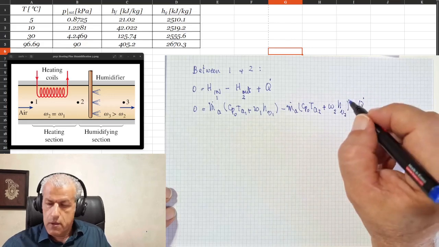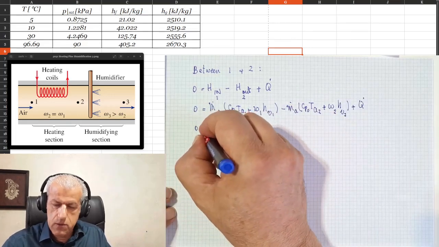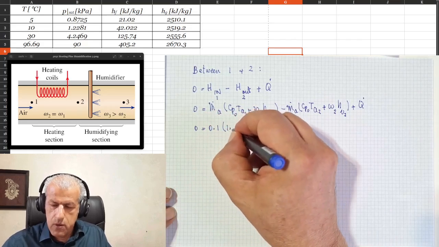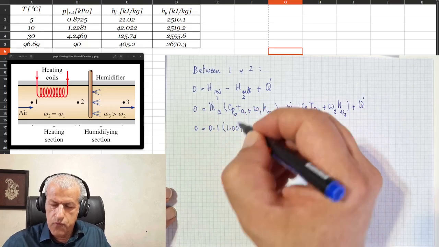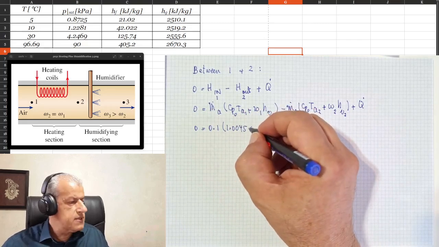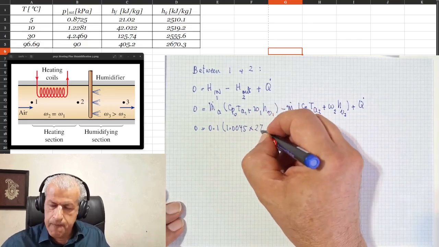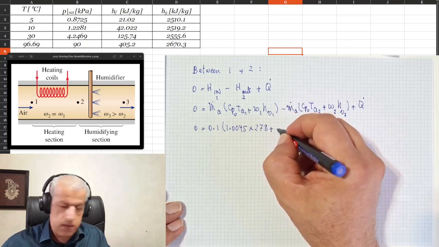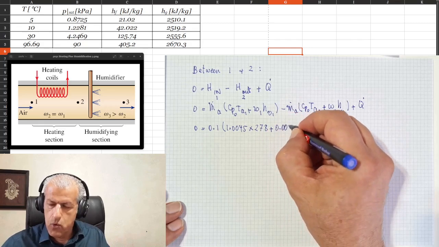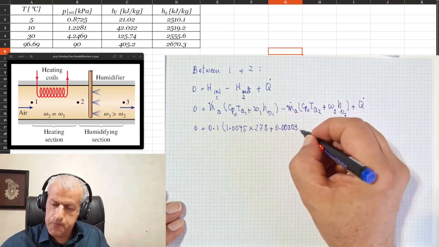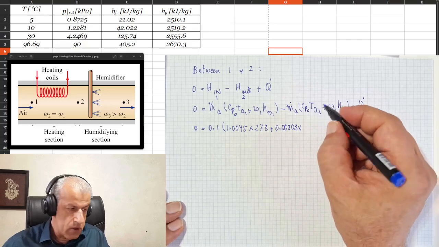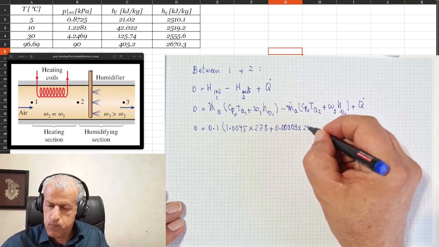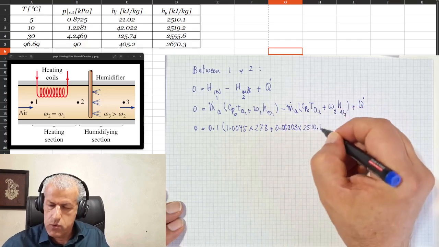Now, inserting values into it, 0 equals m dot A 0.1, 1.0045 times 278 plus W1, which is 0.00303 times HV1, which is 2510.1.